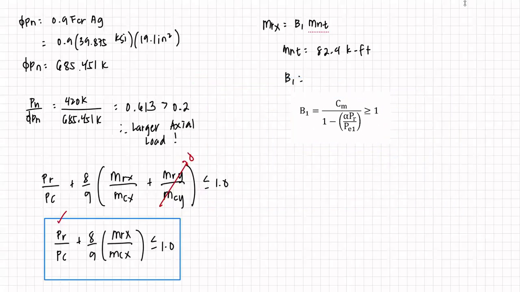So, kailangan natin si Cm. Pero, again, ito yung beam natin, yung column natin. May apply siya ditong moment. May apply siya ditong moment. So, ibig sabihin, single curvature tayo. Okay? If that is the case, yung value nito is yung 70.8, if I'm not mistaken. M2 is 82 point.